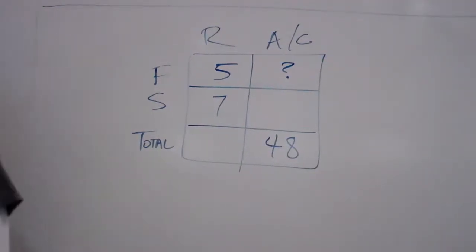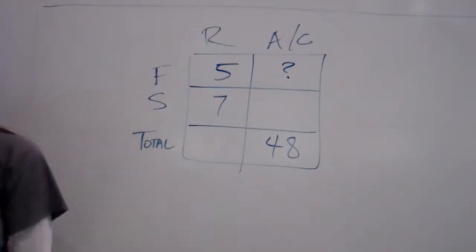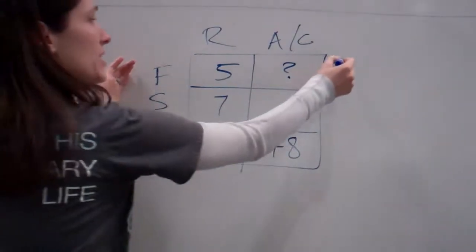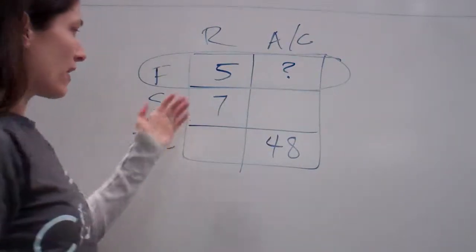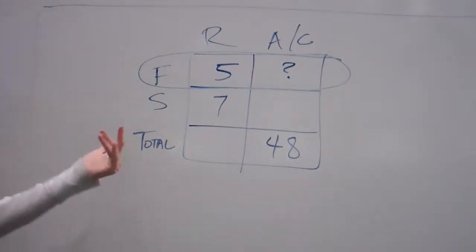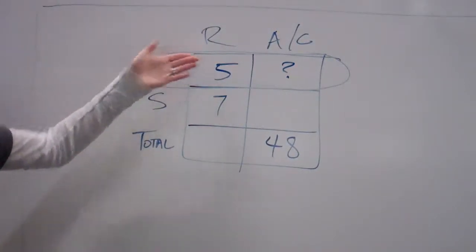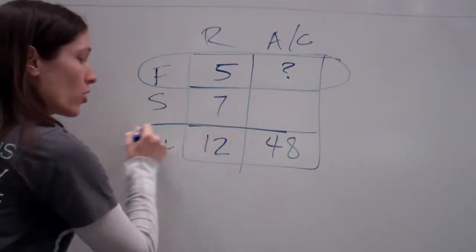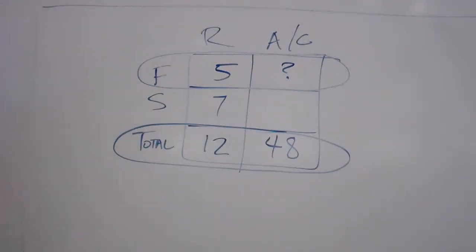Wait, would the total in the ratio be 12? Very good. What you would need to realize is, I have something I need to know about, but I don't have another one that I know everything about. Uh-oh, what do I do? You would say, okay, I need to add 7 plus 5 to get 12 right there, because we have to have a row that we know everything about.